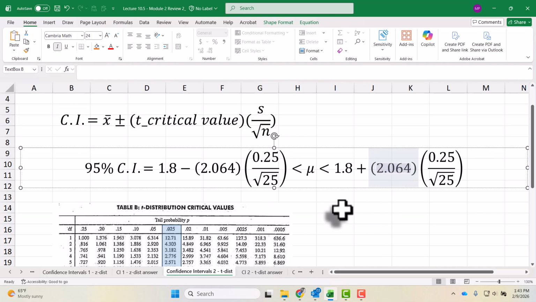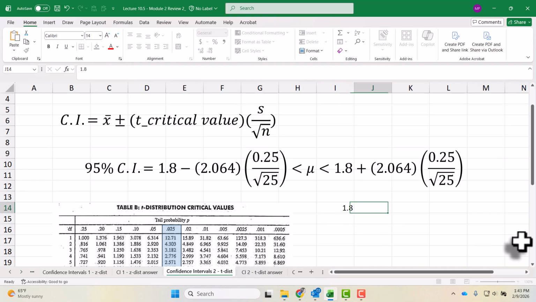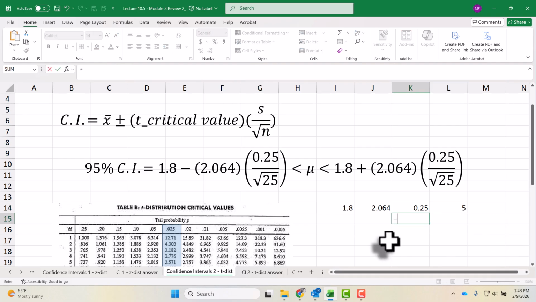And then it's just a matter of doing the math once again. We have our mean, we have our critical value, we have our standard deviation, and we have the square root of our sample size. We take our standard deviation, we divide it by square root of our sample size, we take our critical value, we multiply that times that quotient, and then we take 1.8 and subtract that value, and we take 1.8.